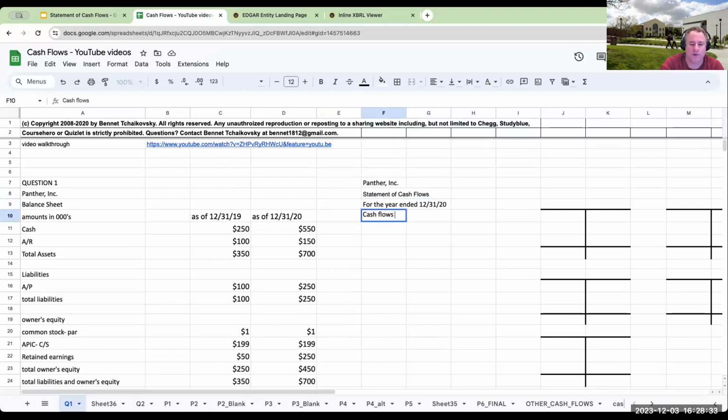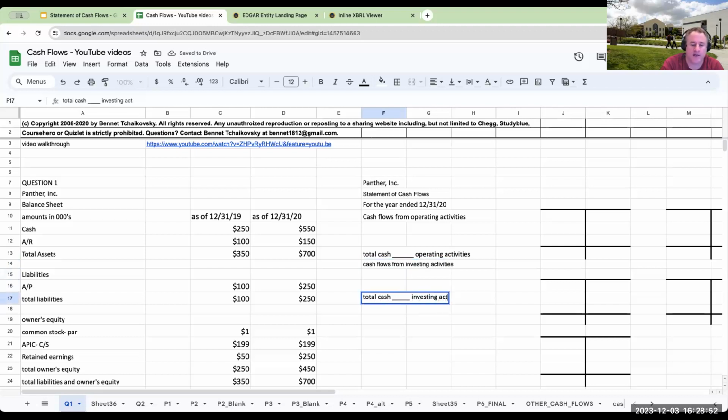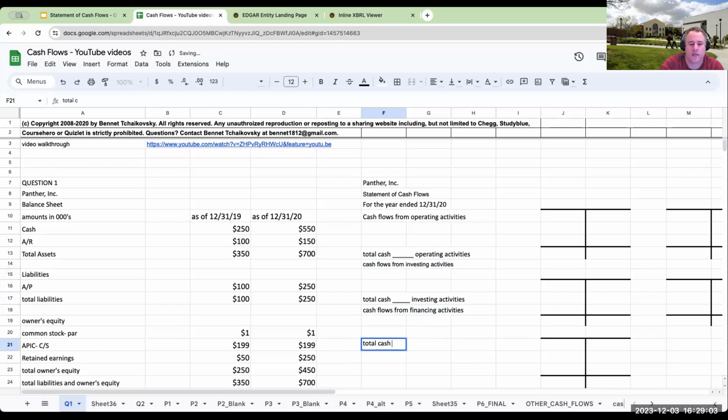We have cash flows from operating activities, total cash from operating activities, cash flows from investing activities, total cash from investing activities. Then we have cash flows from financing activities, total cash from financing activities.